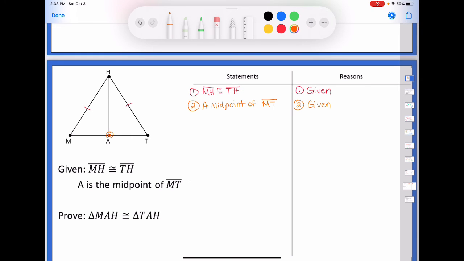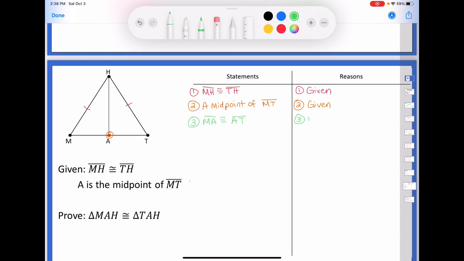A is the midpoint. Well, what does that tell me? If A is the midpoint of segment MT, that means that segment MA is congruent to segment AT.